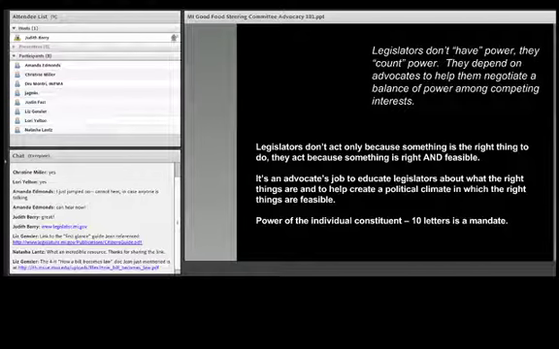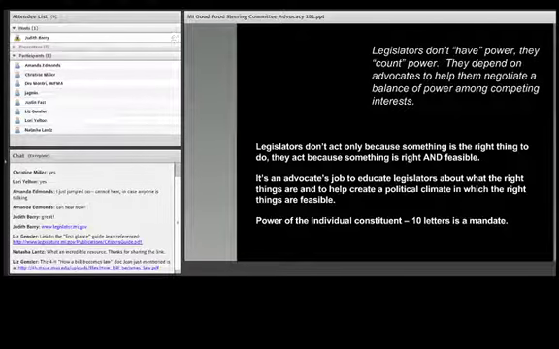And yet I will tell you that the power of a legislator, the power that they count, the power that they look at, ultimately is the power of the constituent. There's an old saying, and I remember when a legislator told me, you dance with the one that brung you. There you go.